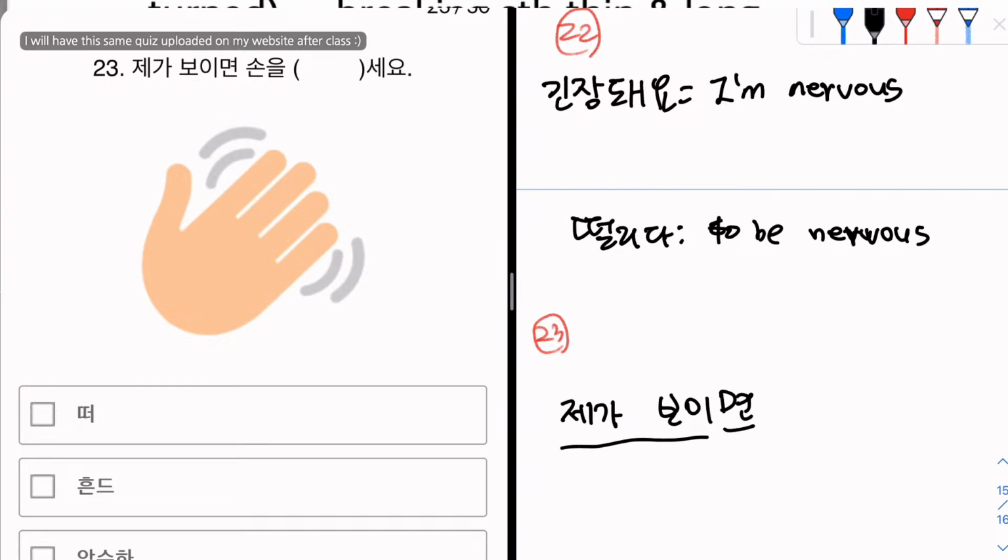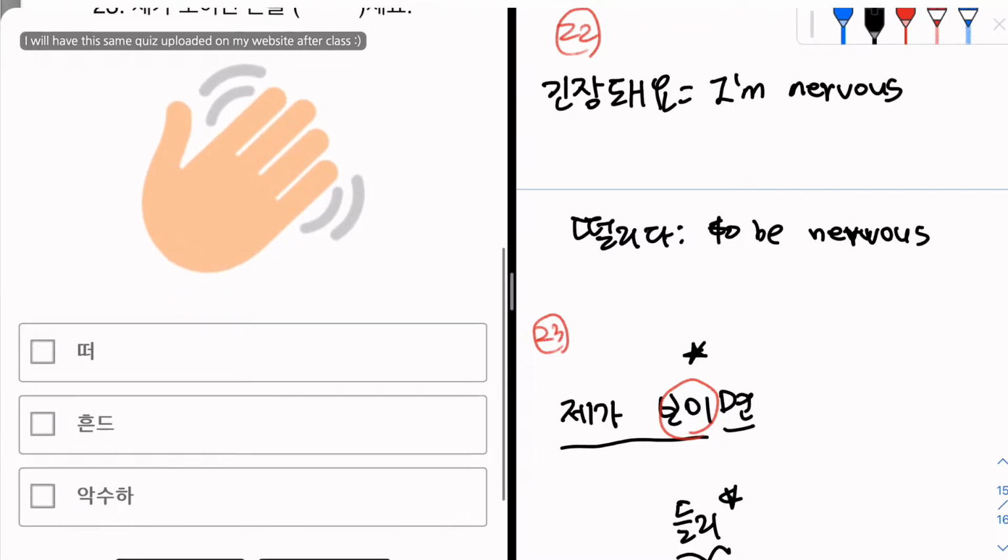In Korean, can you see me? Can you hear me? We always use the passive form. So 보이다, to be seen, 들리다, to be heard. These passive verbs are used when you want to say, can you see me? I can see you. Can you hear me? I can't hear you.